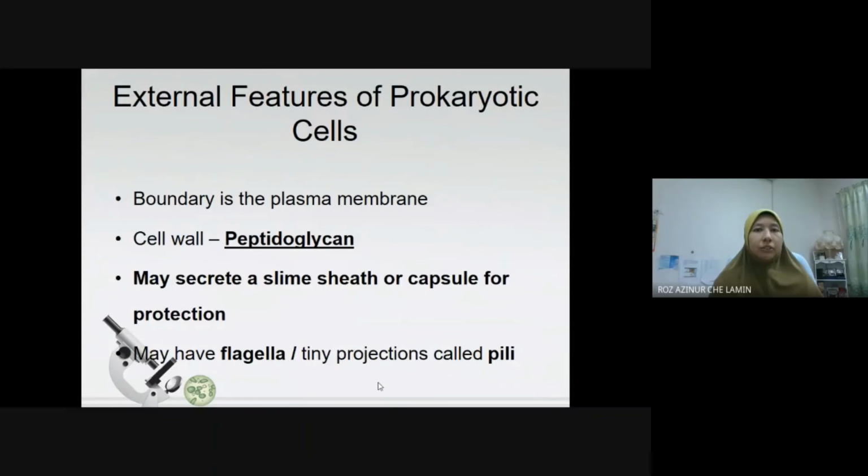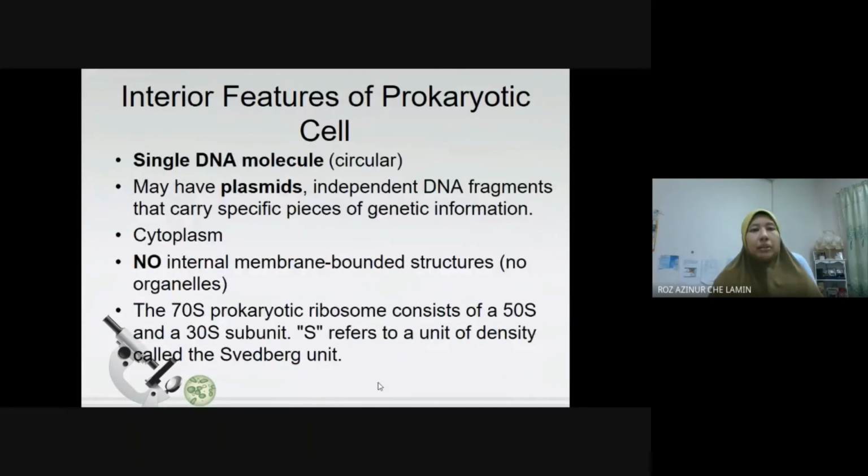External features of the prokaryotic cell: it has a boundary which we call the plasma membrane. It also has a cell wall which consists of peptidoglycan and may secrete a slime layer, shell or capsule for protection. Some may have flagella or tiny projections called pili.